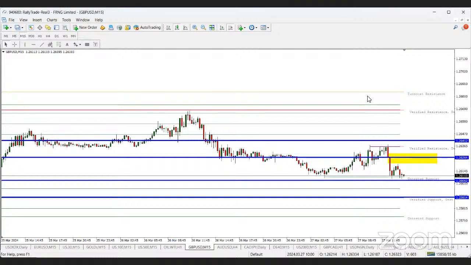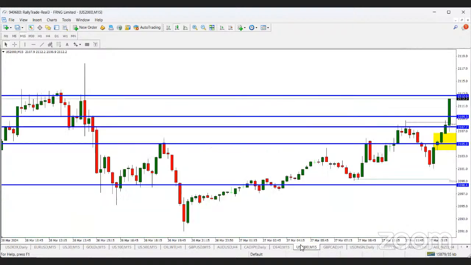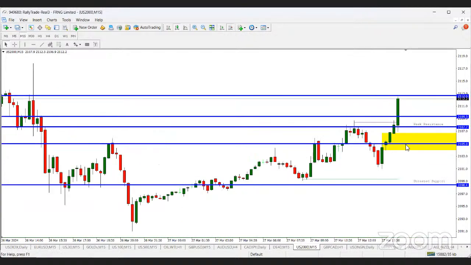But we now said that if it trades below 1.26060, we can just look out for a sell, and we'll be selling from there to around 1.25910. That's what we said. Like US 2000 from 2109 to 2112, up in smoke, right? Up in smoke. So yeah, there you have that.